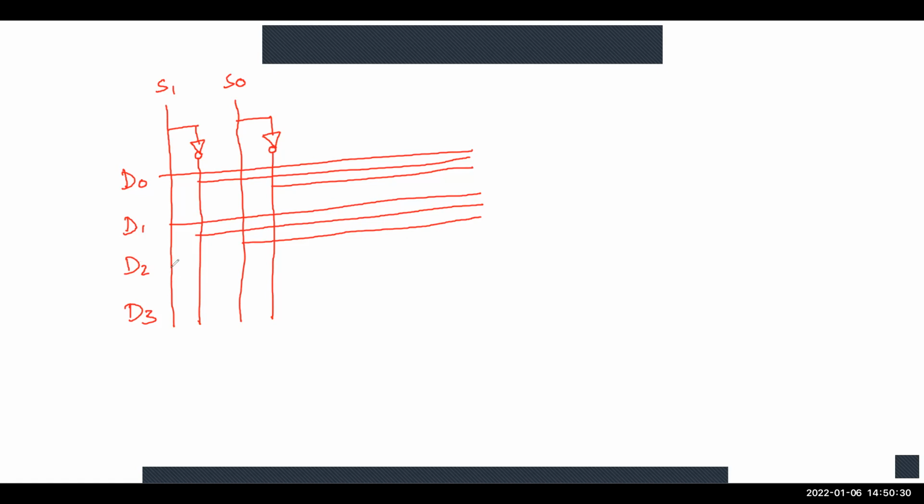So this is D2, next is S1 and S0 bar. And the last expression was D3 S1 S0.